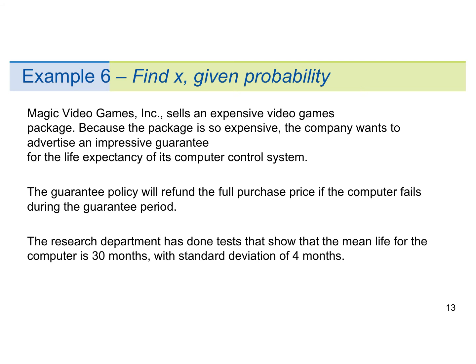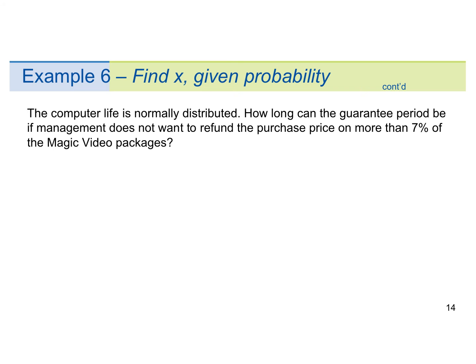The research department has done tests and shows that the mean life is 30 months for that computer system, with a standard deviation of 4 months. So they gave us the mu, they gave us the sigma. The computer life is normally distributed. How long can the guarantee period be if the management does not want to refund the purchase price on more than 7% of the Magic Video packages?